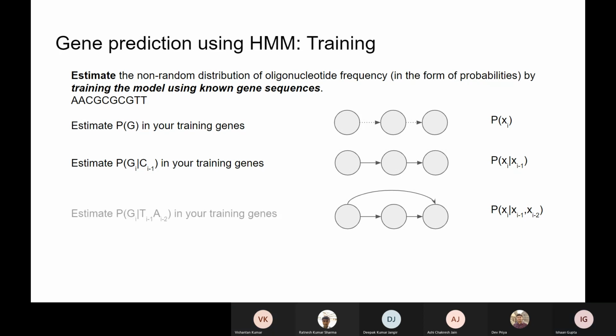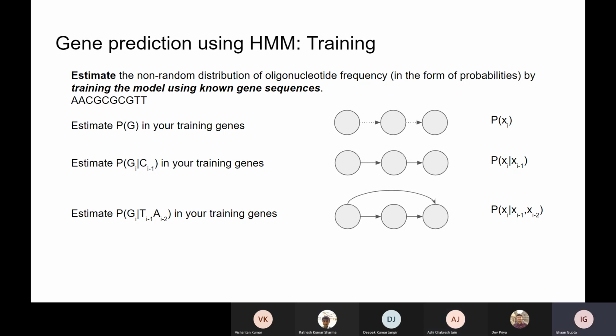Exactly. Similarly, if I ask you this, what is the probability of finding a G, given that it was preceded by a T? 0. Everybody agrees this is 0? Yes, sir.